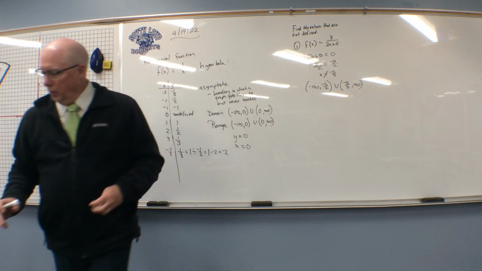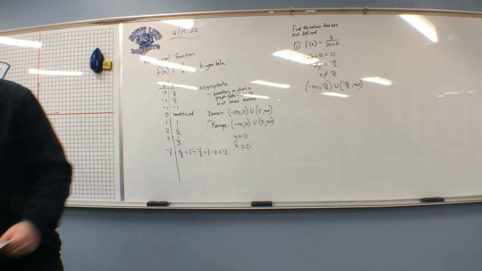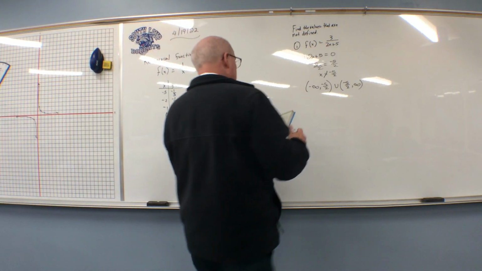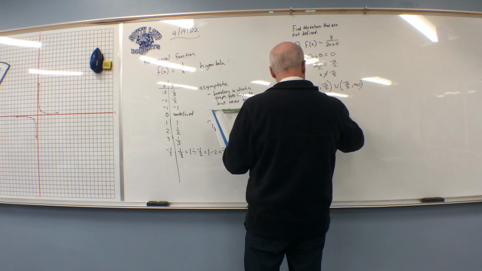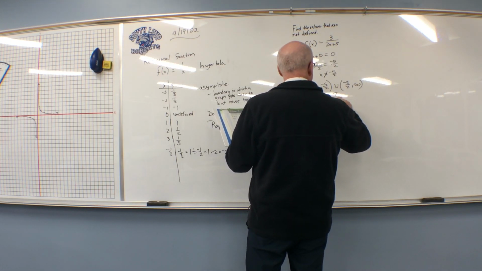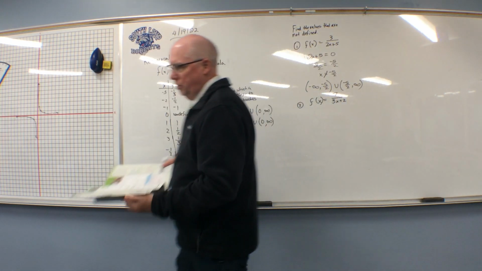All right, would you do this one, Joey? Number 2. f of x equals 7 over 3x plus 2. Would you do that?